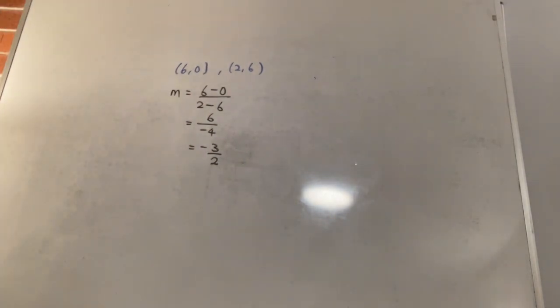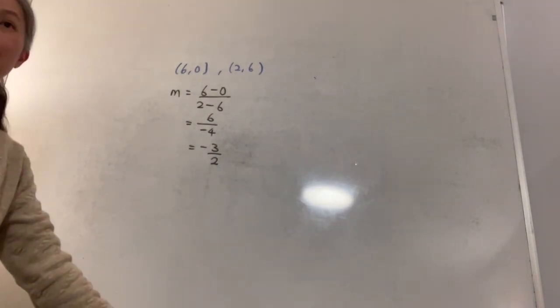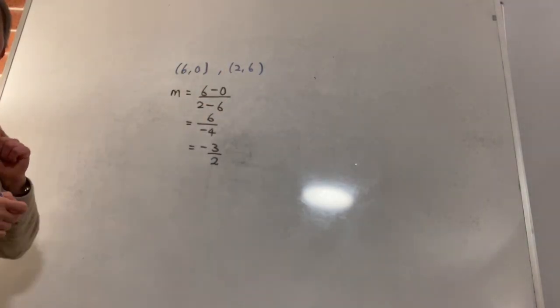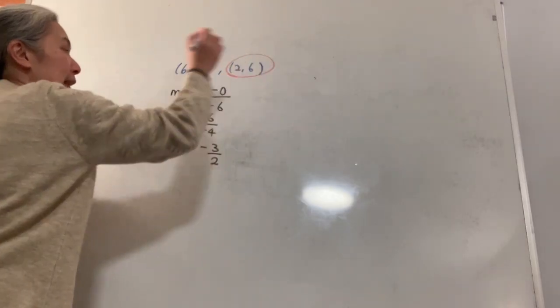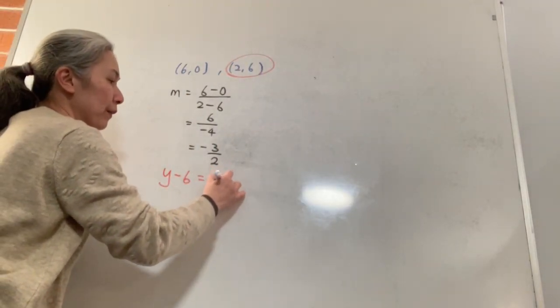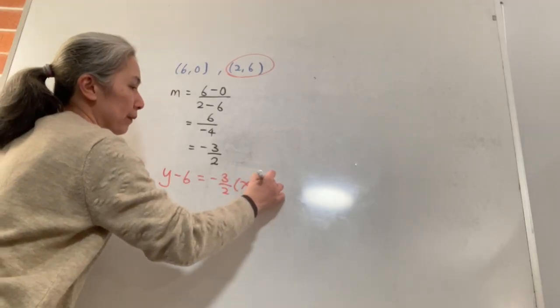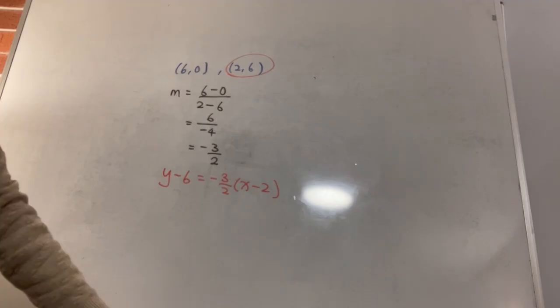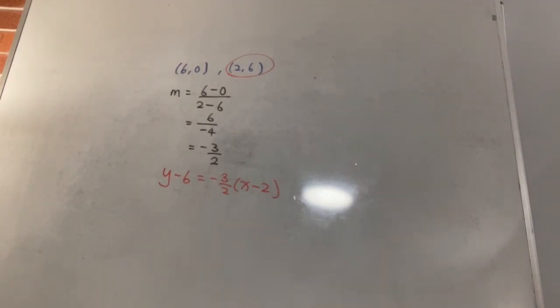Is that what you have? Then you put in the point gradient formula. Which point are you using? (2, 6). Okay, let's pick this one. So that means y minus 6 equal to... Okay, and then the rest of it you just need to expand and simplify.